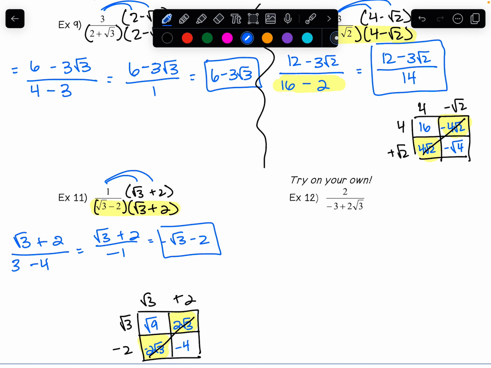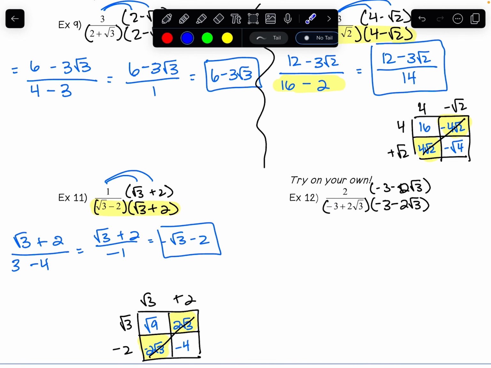Go ahead and try example 12. If you're getting stuck on your conjugate, notice the only thing we ever changed was the middle sign. Our conjugate here would be negative 3 minus 2 square roots of 3. So again, with your conjugate, you're only changing the middle sign.